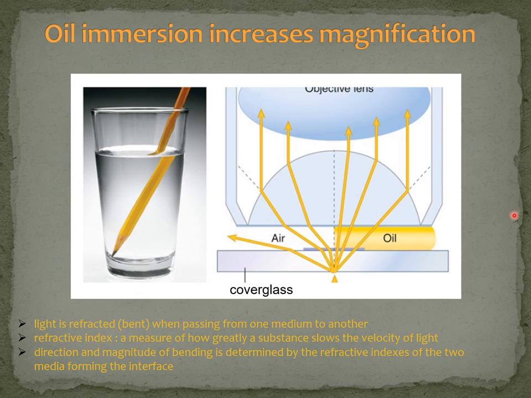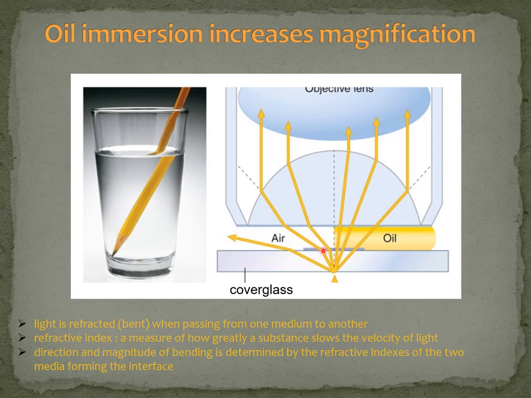So one way that we can use to try to minimize this effect is, you can see in this image again, where I'm just showing you again the refraction that light suffers when it passes from one medium to another medium. If we are looking at an object that is covered by a cover slip, and this is the lens of our microscope, when light passes through our object to be seen and reaches the glass, the light can be refracted.